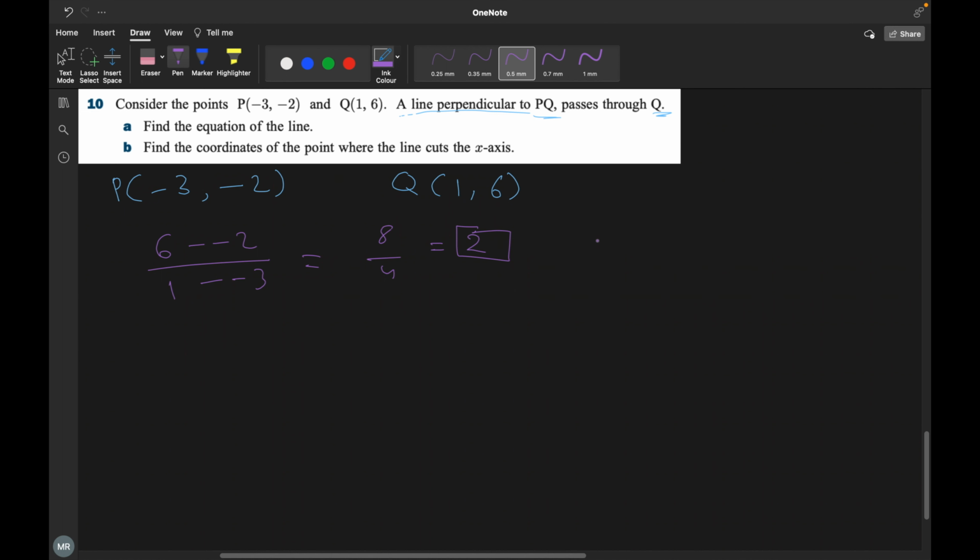So the negative reciprocal would be 1 by 2. And then it also says that it passes through Q. So now we have the following details: the gradient and a point.